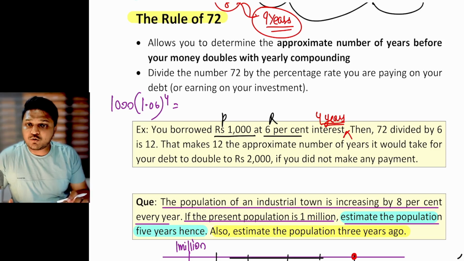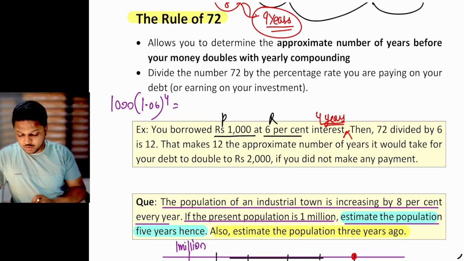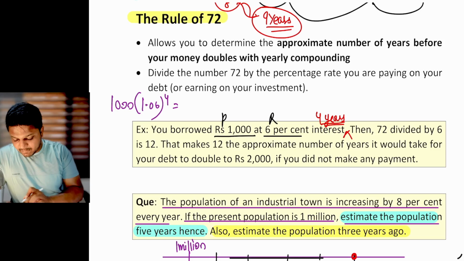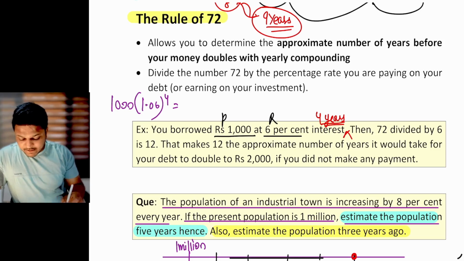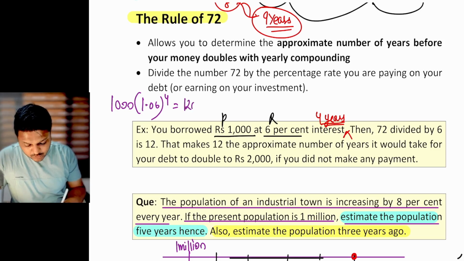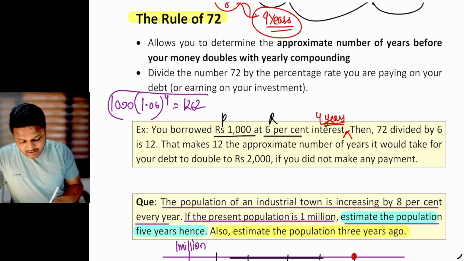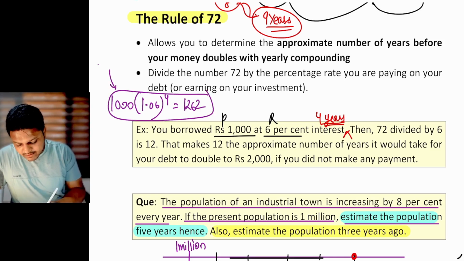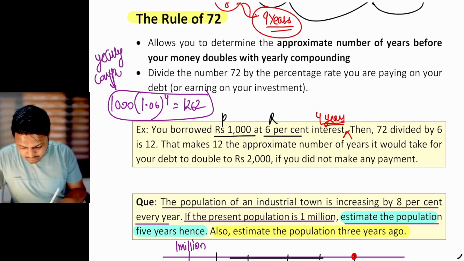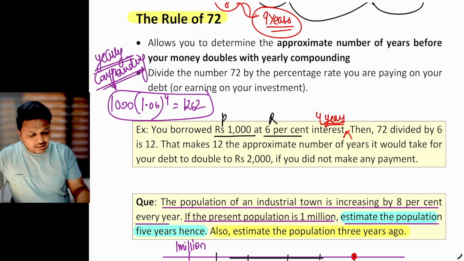So we press the equal to sign 3 times: 1, 2, 3. The value comes out to be 1.262 multiplied by 1000, and it will compound to 1262. Here we are considering the case of yearly compounding.